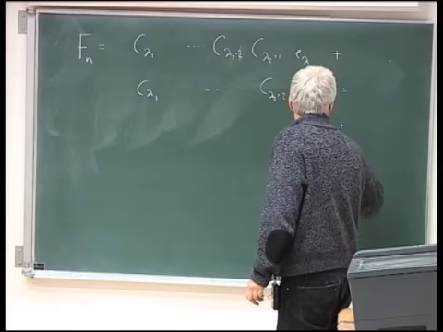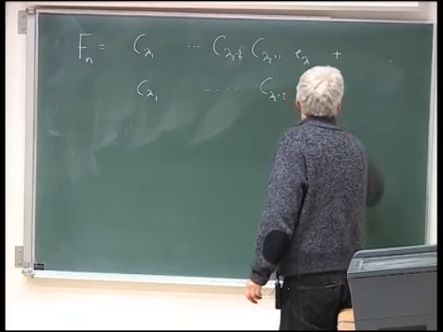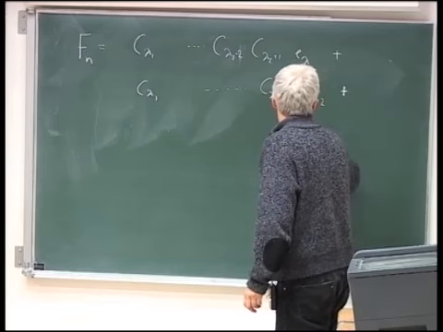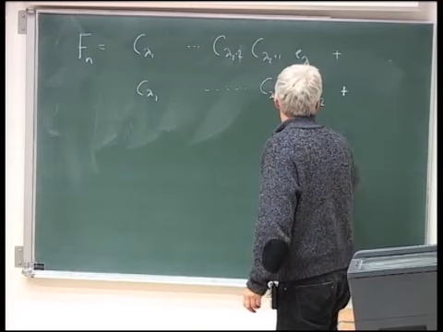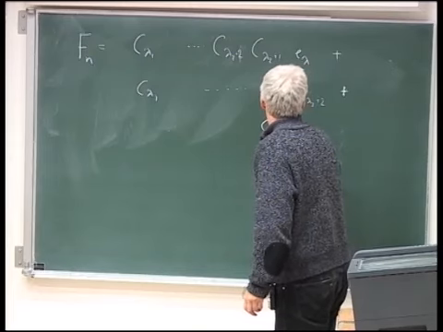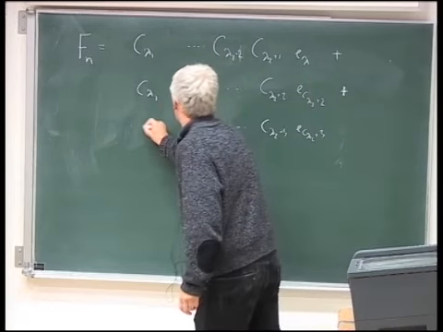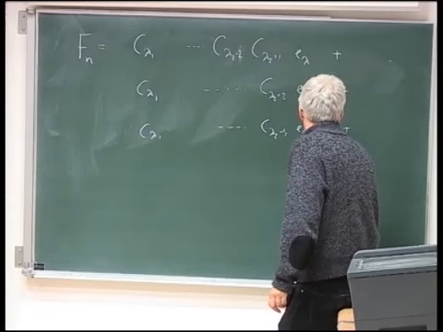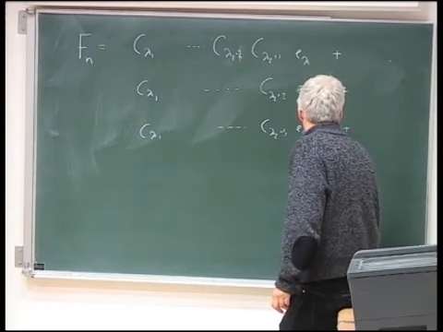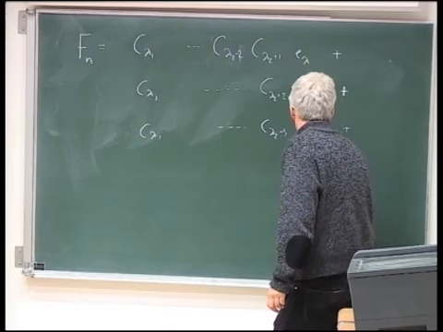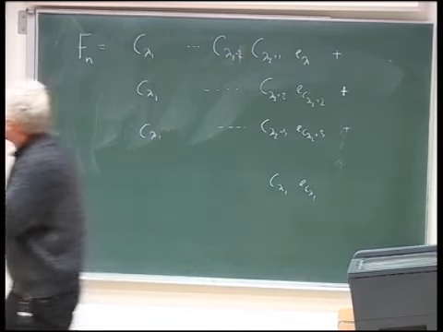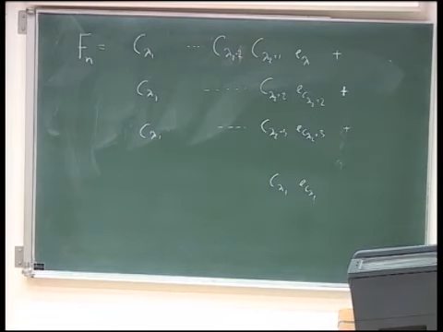And I go all the way down. So the next one is E C lambda 2 plus 3 all the way up to C lambda 1. And then the last term would be E C lambda 1 C lambda 1.